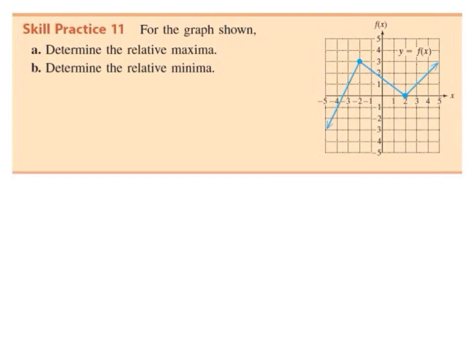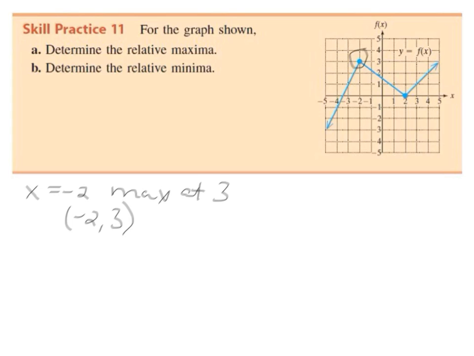Okay, so determine the relative maxima and minima. So we have a maxima here at x equals -2. And so if they want to list it as at x equals -2, the maximum is 3, or it's at the point -2, 3.